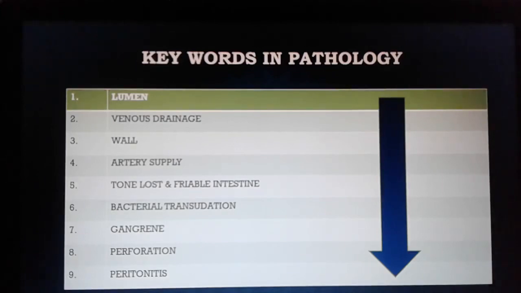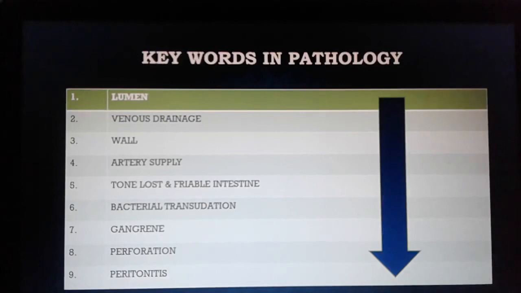Through the mesentery, the blood supply of the small intestine or colon is coming. So this perforation is going to happen either at the constricted area, the constriction ring, or at the antemesenteric border.